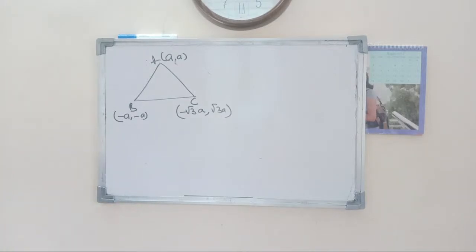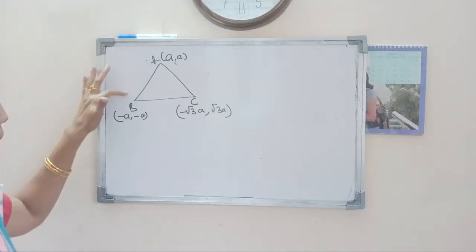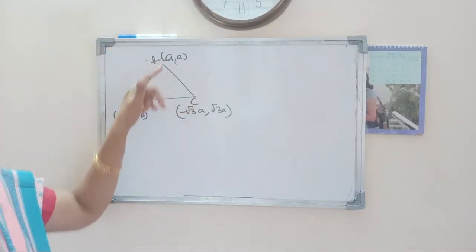To show they are the vertices of an equilateral triangle, we have to find the distances AB, BC, and CA.